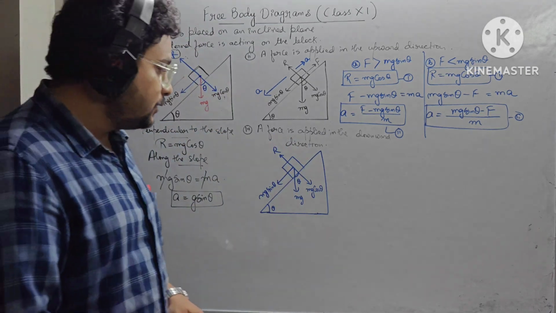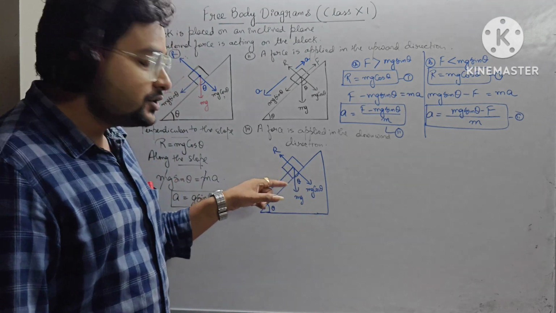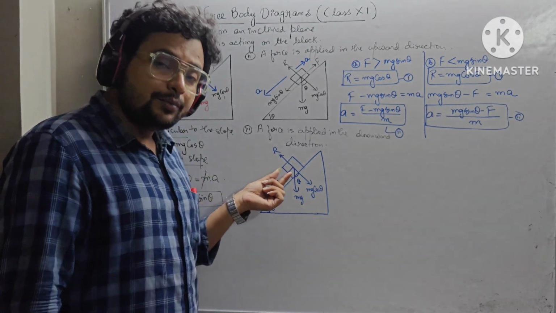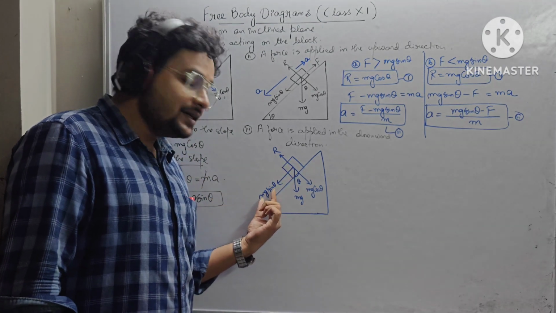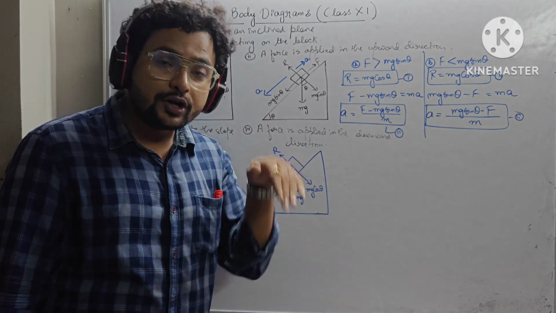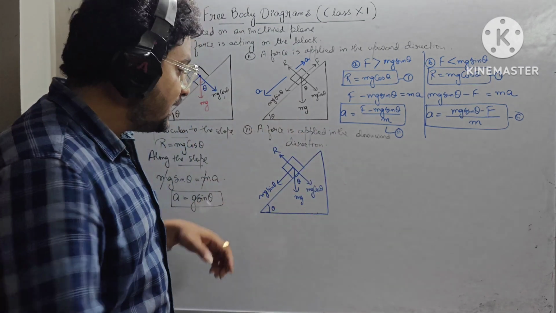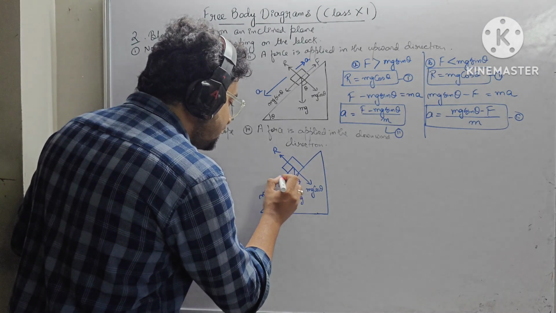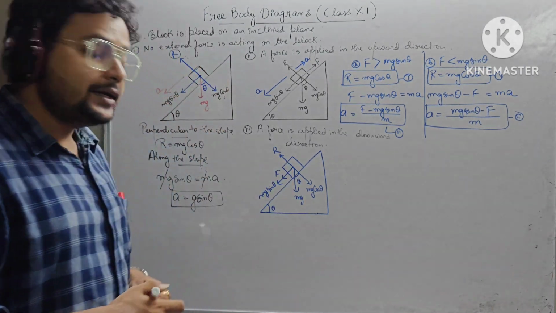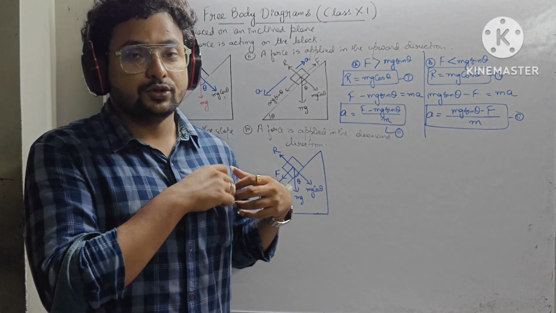Already a force was acting on the block, that is mg sin theta, which is pulling the block in the downward direction. Now along with this mg sin theta, suppose I am also adding an extra force F along the slope.